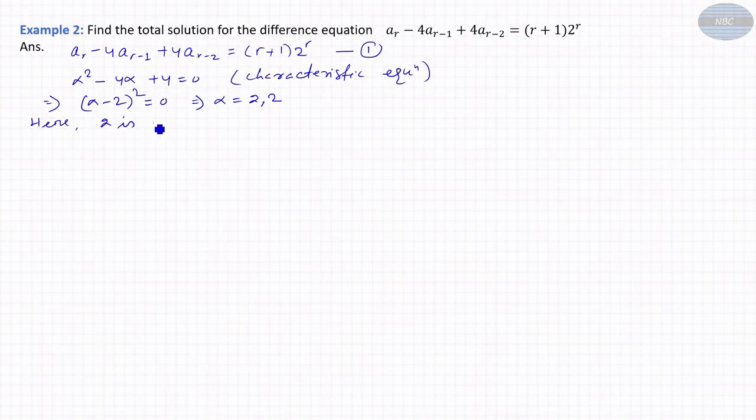2 is a characteristic root of multiplicity 2.